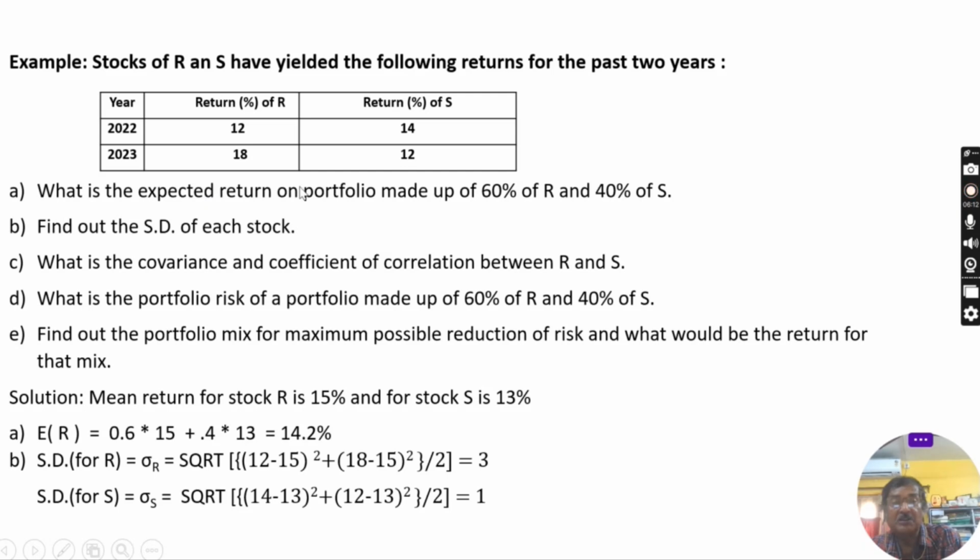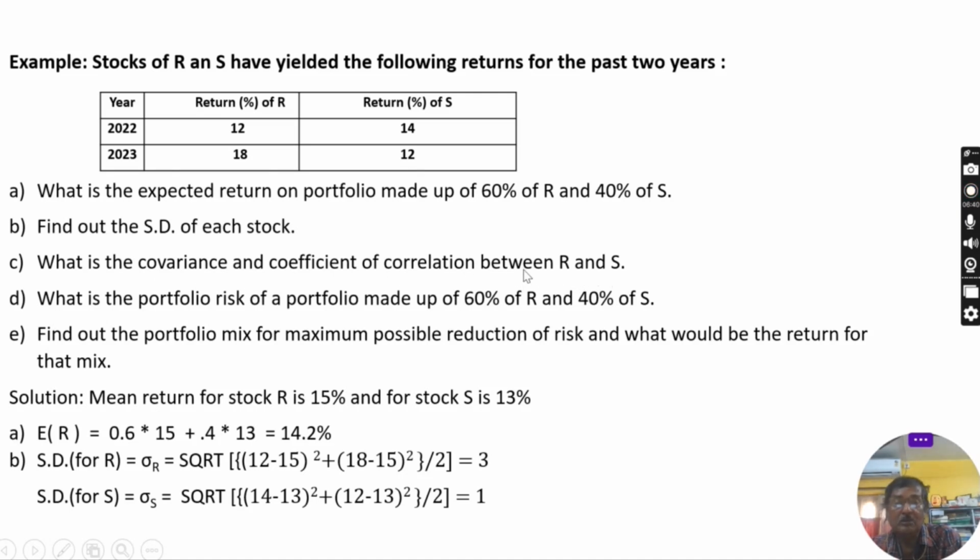What will be the expected return first? Then find out the standard deviation of return for each company or each type of share of stock. This is the second. Third, what is the covariance and coefficient of correlation between R and S?